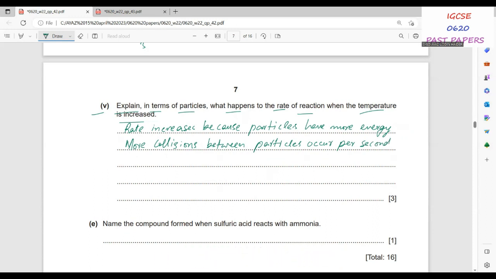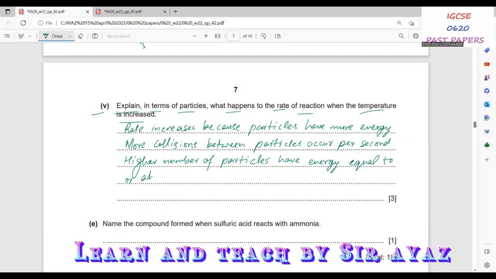Higher number of particles have energy equal to or above the activation energy.